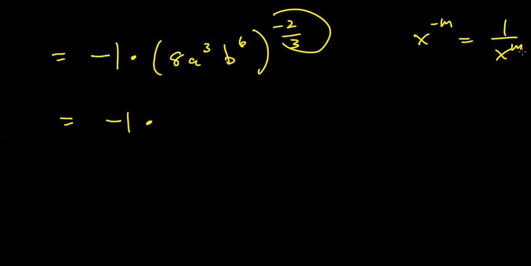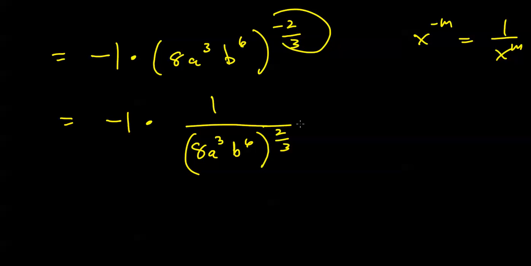By one of our two rules for negative exponents. So I claim that exponent expression is really equivalent, make sure I copy it right, to 1 over 8a cubed b to the 6th raised to the positive 2/3 power.